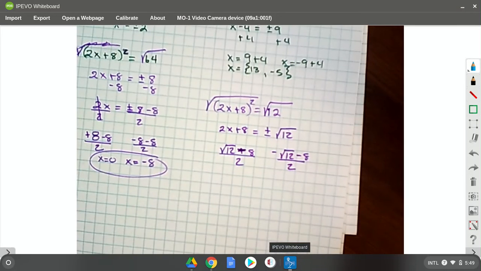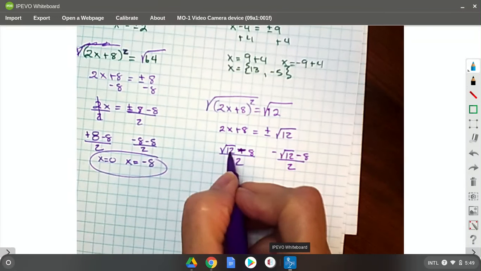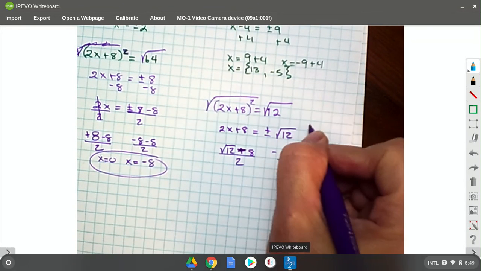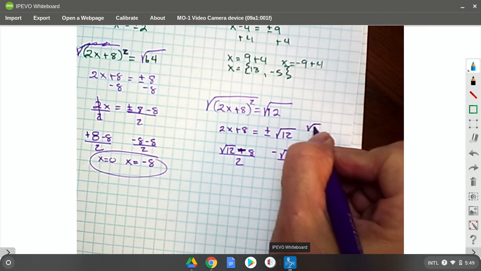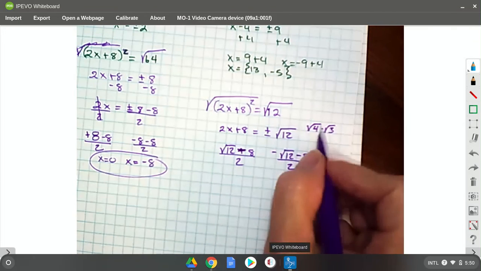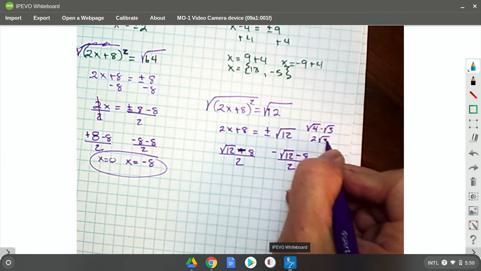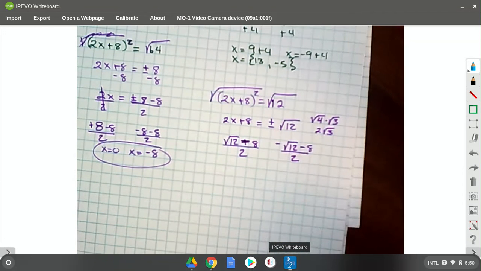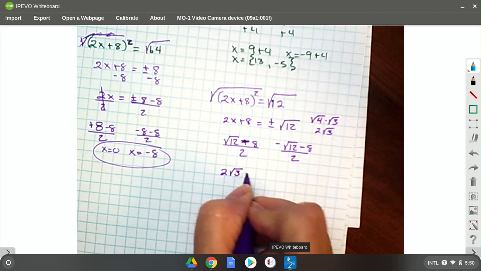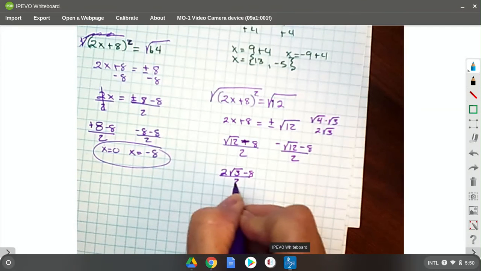Now that can definitely be simplified. First off, what about the square root of 12? Square root of 12 can be broken down to the square root of 4 times the square root of 3, right? So that's going to be 2 times the square root of 3. So 2 times the square root of 3 minus 8 divided by 2.